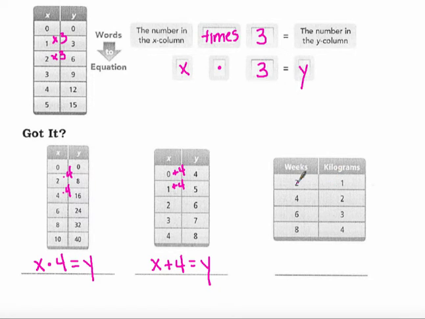I could divide. 2 divided by 2 would give me 1. 4 divided by 2 would give me 2. 6 divided by 2 is 3. And 8 divided by 2 is 4. So it looks like my X column divided by 2 would equal my Y column.